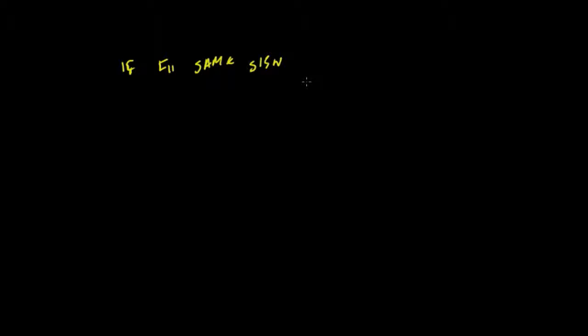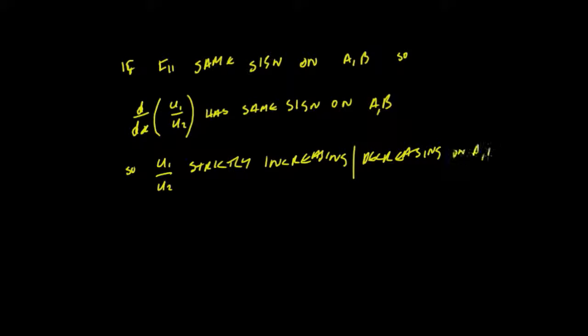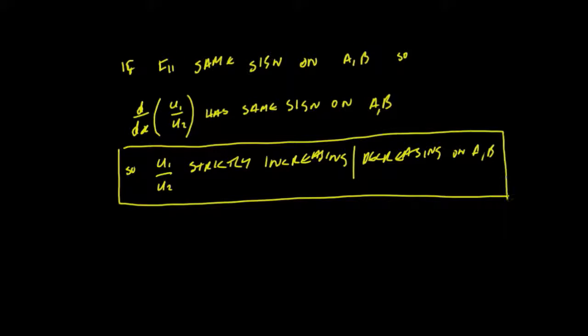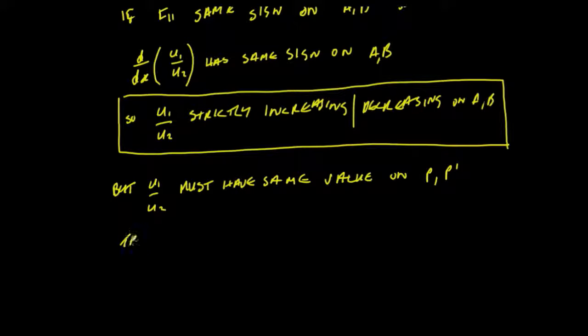So it means that the value of f11 from that must have the same sign at all points on AB. So we know that because that's part of the derivation of the Jacobi slash the Legendre test. So if that's the case, then we know that d by dx of u1 upon u2 has to have the same sign for all points on AB. So it means that u1 upon u2 is either strictly increasing or strictly decreasing.